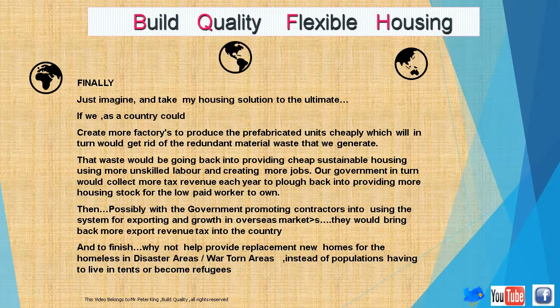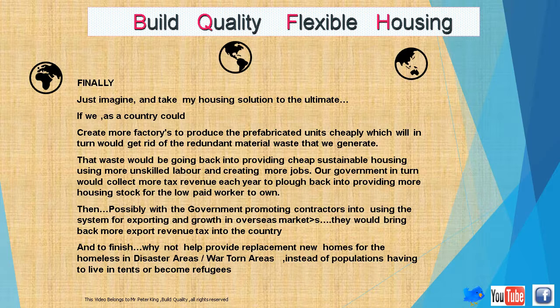Finally, just imagine and take my housing situation to the ultimate. If we as a country could just create more factories to produce the prefabricated units cheaply, which will in turn get rid of the redundant material waste that we generate.